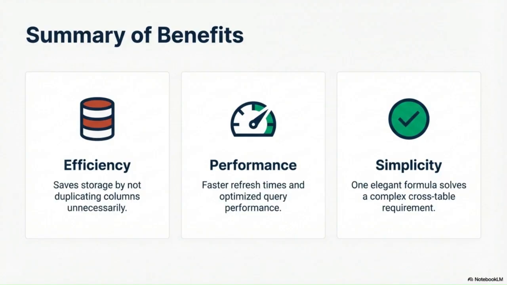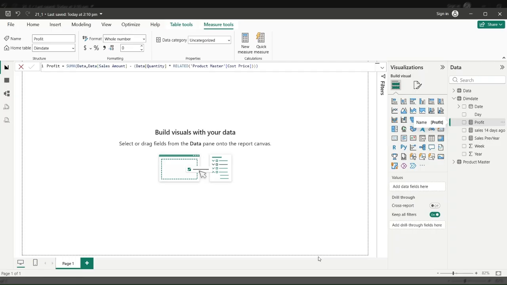So we'll also see a practical example of how we use the RELATED function day to day. Now we'll see a practical example for the RELATED function. Here I have created a measure in the dim date table with the name Profit. As we have seen earlier, with the RELATED function we have to use SUMX.